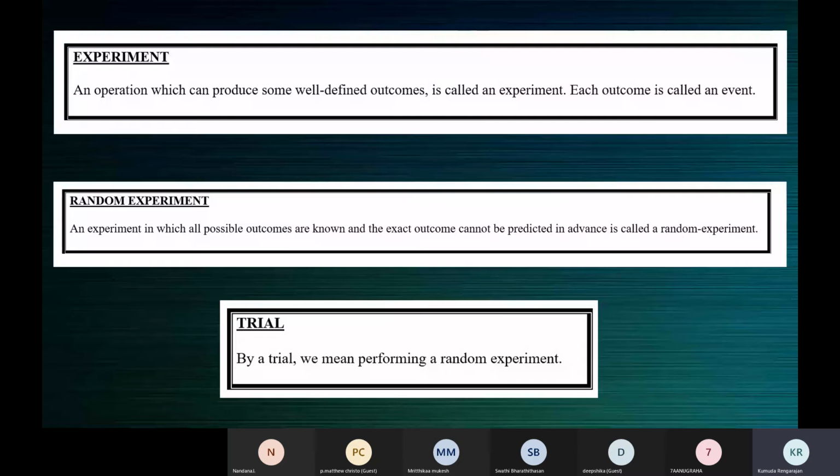That is why we say well-defined outcomes. Once you roll the die, the outcome is the result you get. The result can be 1, 2, 3, 4, 5, or 6.